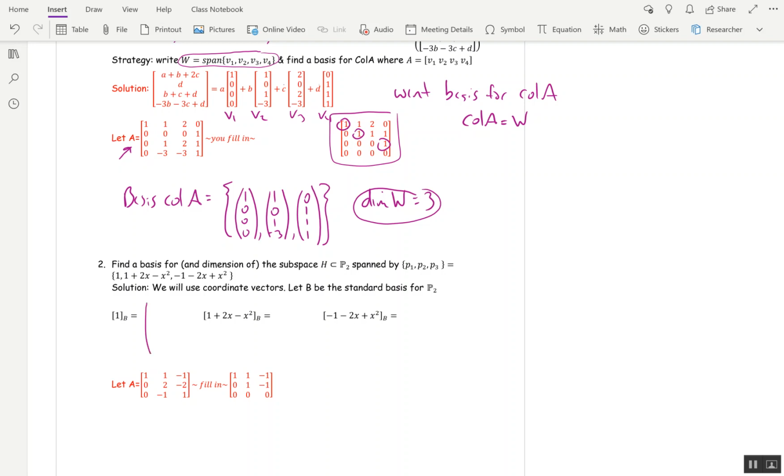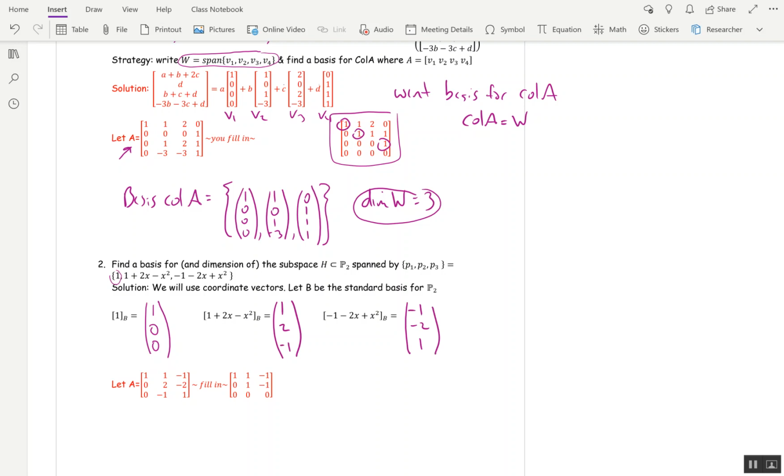So remember, to find the coordinate vector of a polynomial, you just put in the coefficients. So the polynomial 1 is 1 times 1 and then 0x, 0x squared. The coordinate vector for the second polynomial is (1, 2, -1). And the coordinate vector for the third polynomial is (-1, -2, 1).